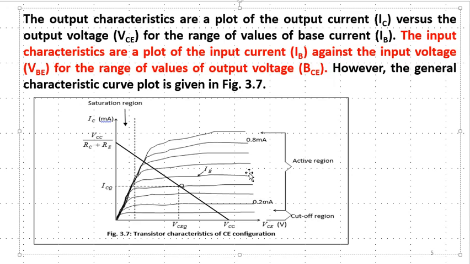When the transistor is in conduction, we say it is in active mode, and this region we call the active region. Above this active region, we have another region called the saturation region. This is a region where the current supplied to the base is too much, which makes the transistor start operating as if it is a superconductor experiencing zero resistance.